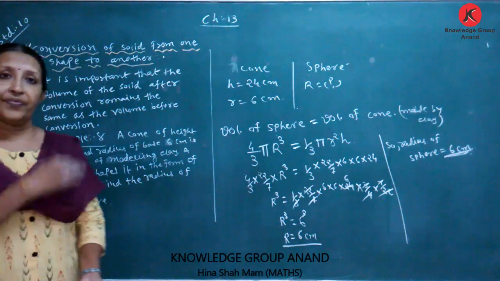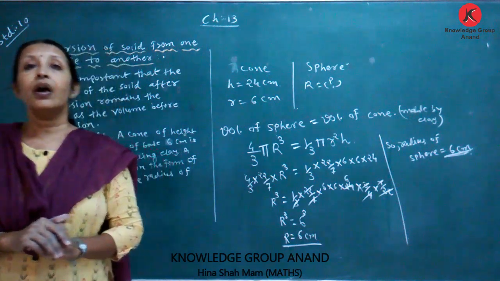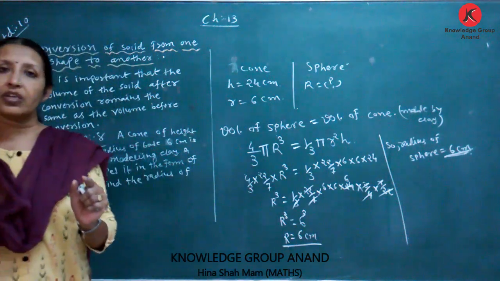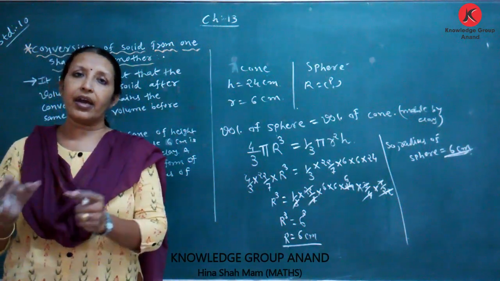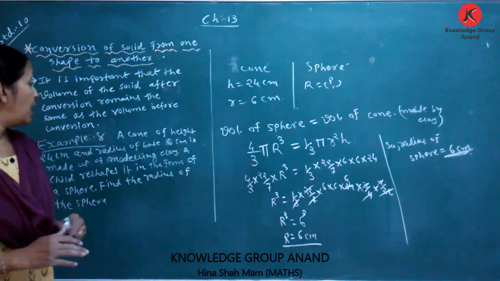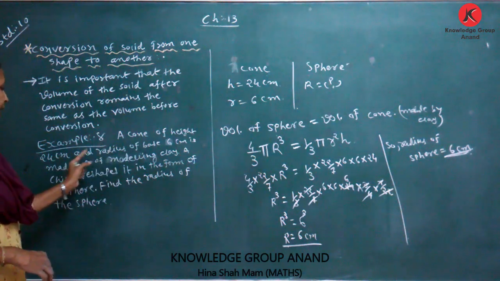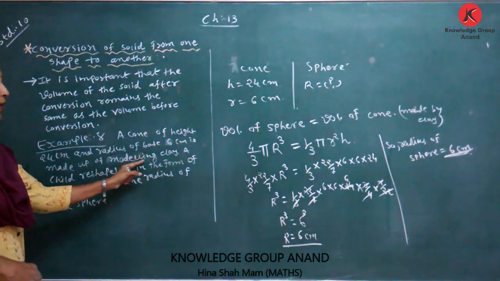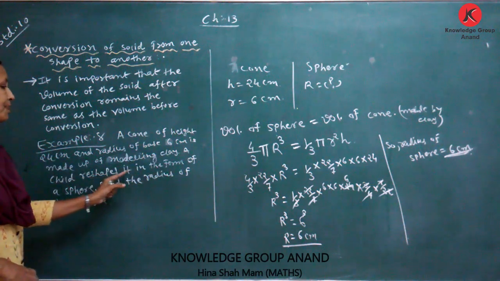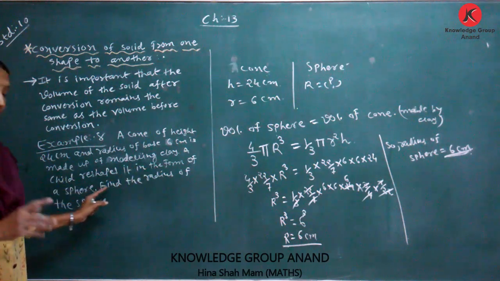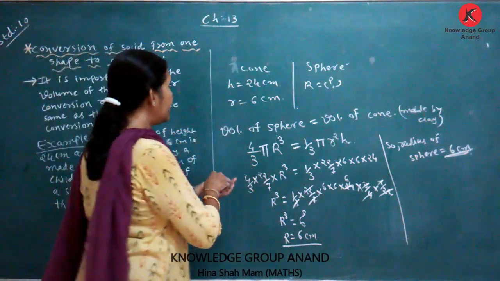Now we learn this topic. One shape converted into another shape: when they convert into another shape, their volume is the same after and before conversion. Example: a cone of given height and radius is made up of modeling clay. A child reshapes it in the form of a sphere. Find the radius of the sphere.